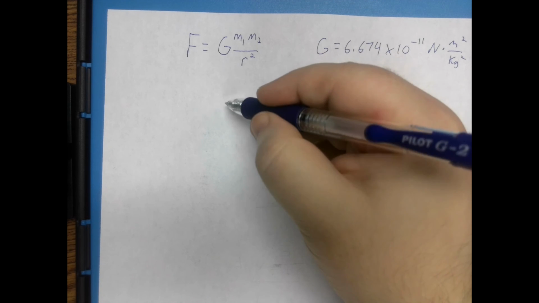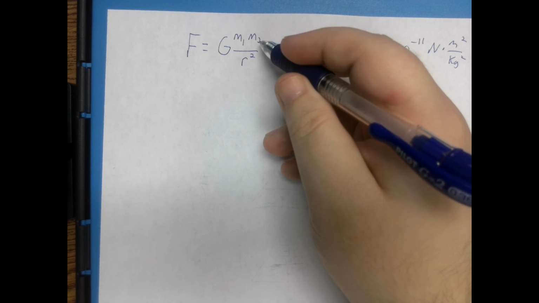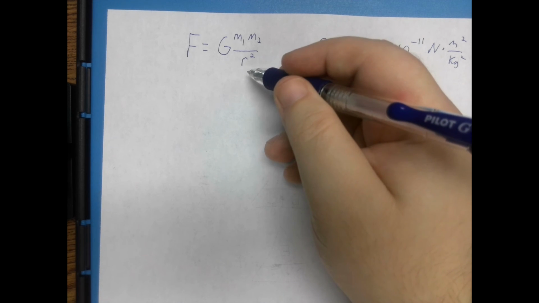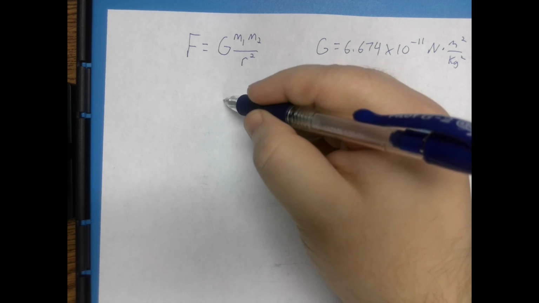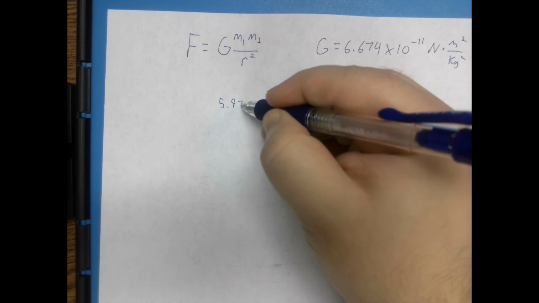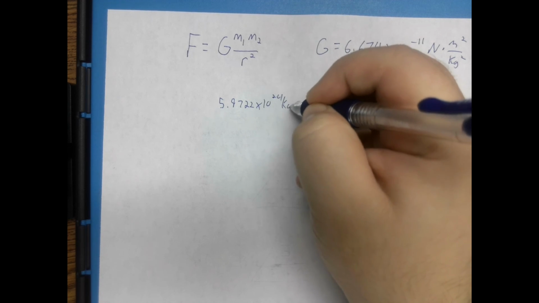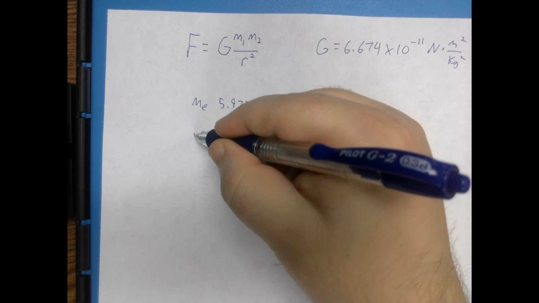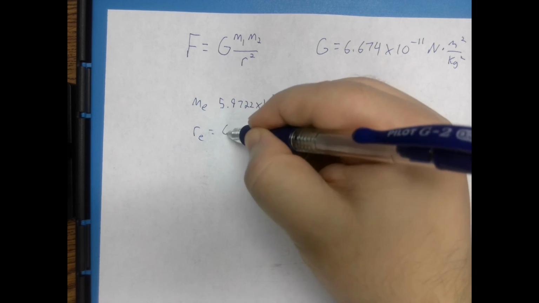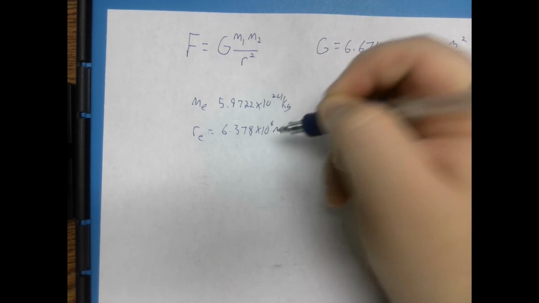So I'll tell you that one object has a mass of 50, another object has a mass of 20, and the distance between them. I'll also give you that Earth's mass is equal to 5.9722 times 10 to the 24 kilograms. And the radius of the Earth is equal to 6.378 times 10 to the 6 meters.